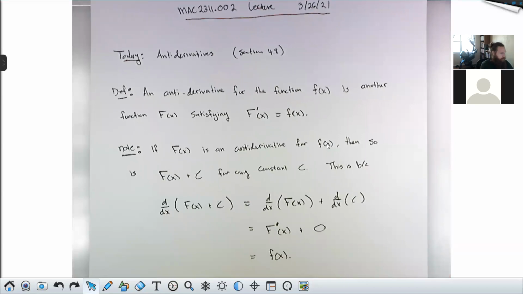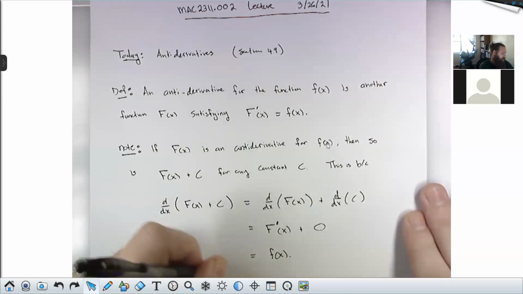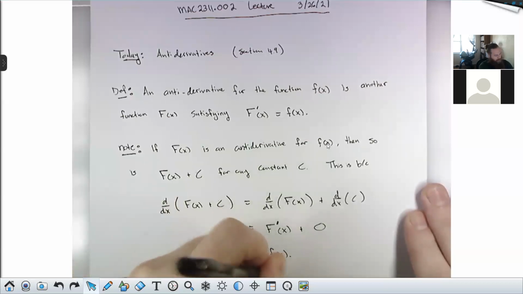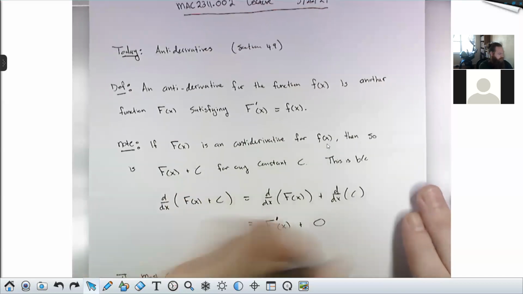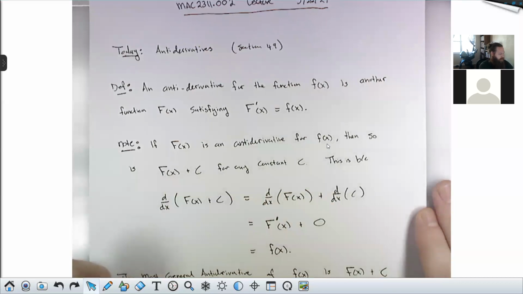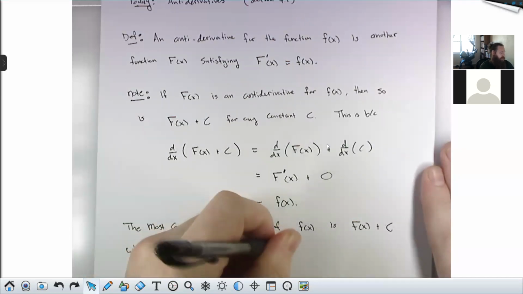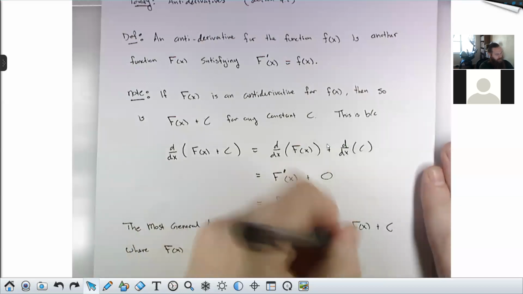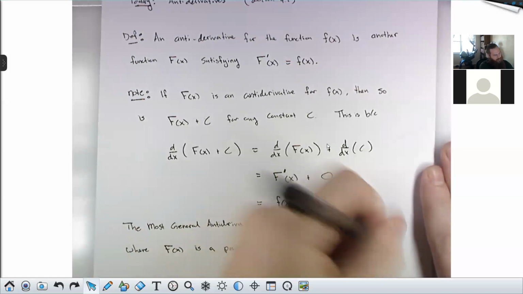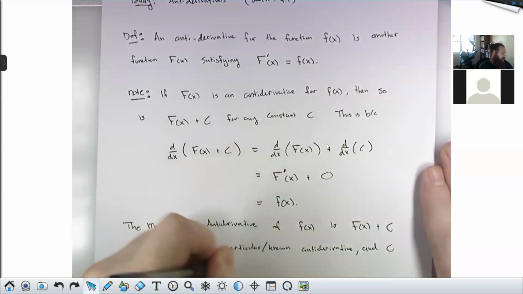This leads to a concept. We say the most general antiderivative of little f of x is big F of x plus c, where big F of x is a particular or known antiderivative and c is what's called an arbitrary constant.